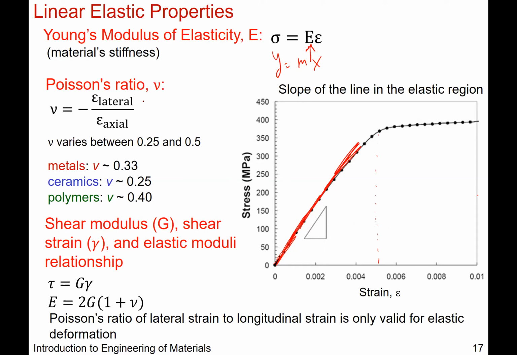We could also write out relationships for the shear modulus, G, as it relates to the shear strain and shear stress. So that's just now tau equals G times gamma. So we're still operating in the linear regime. Okay. This linear regime being the elastic region. So it does not pertain to the plastic region at all.